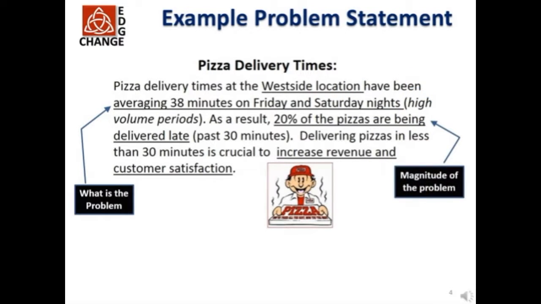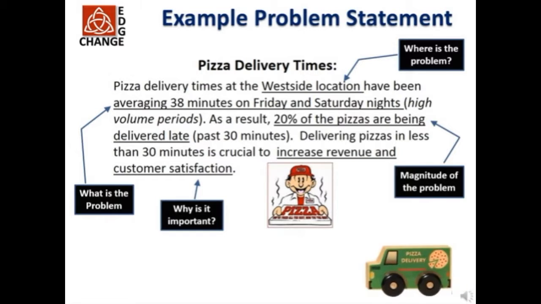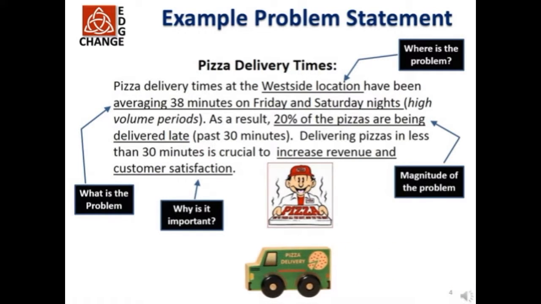In this case, 20% of the pizzas are being delivered late. Where is the problem? The problem is located at the West Side Pizza delivery location. And then why is this problem important? It is important to increase revenue and customer satisfaction. In this case, all 4 critical components are included in this problem statement.